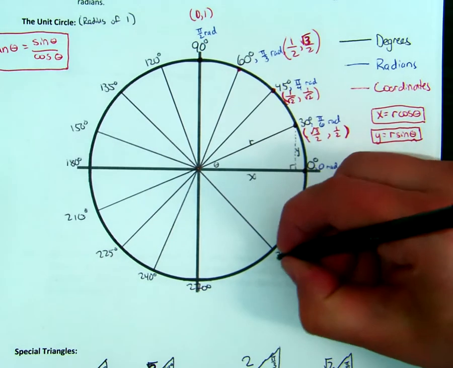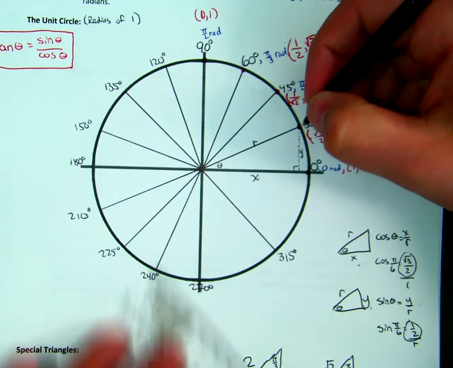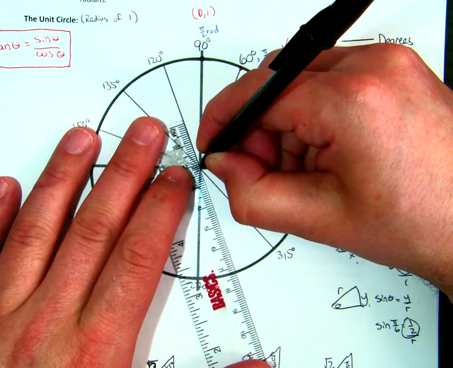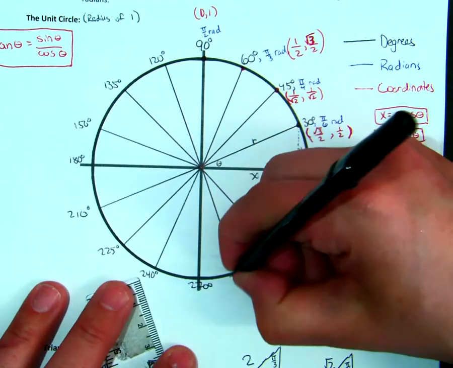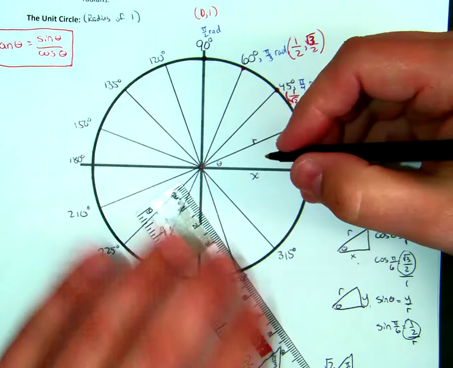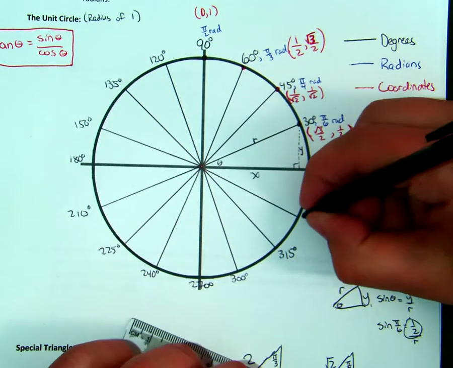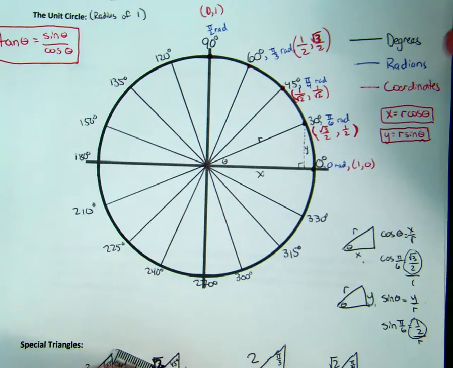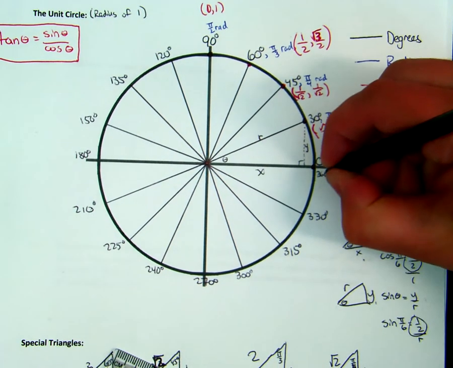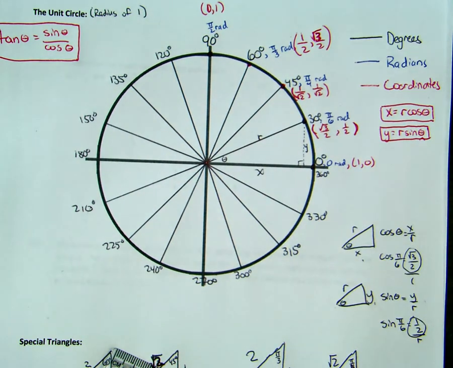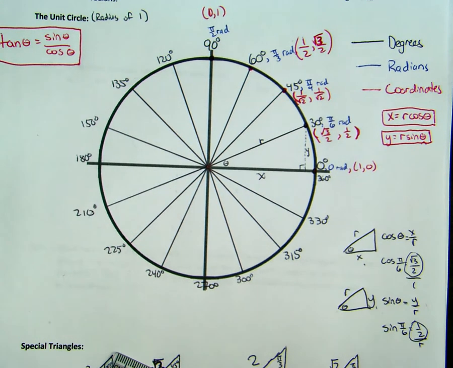This is going to be 315 degrees. 300 will be down here. And last but not least, 330 degrees. Okay, and if you want, you can continue to 360 degrees, and it keeps going around and around. It goes forever. So if you want, pause that, make sure you've got all your angles in the right spot.